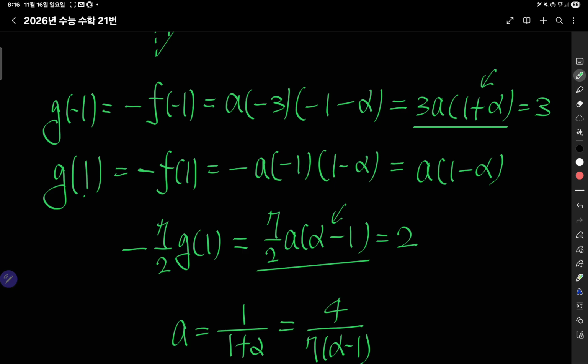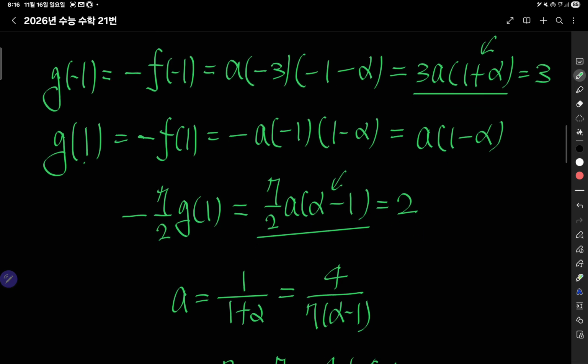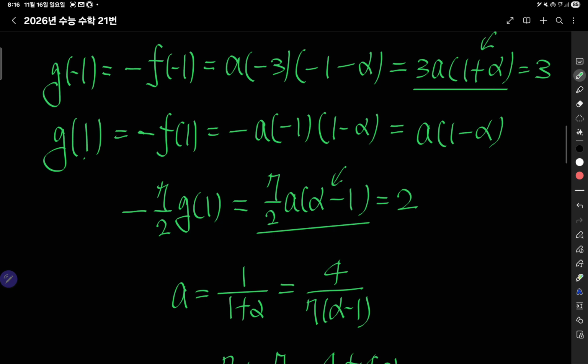So I'm going to think that the first part is 3, the bigger number, and the second part is 2, the lesser number. So with this assumption, the value of a is 1 over 1 plus alpha, and from the second equation, the value of a is 4 over 7 times alpha minus 1.